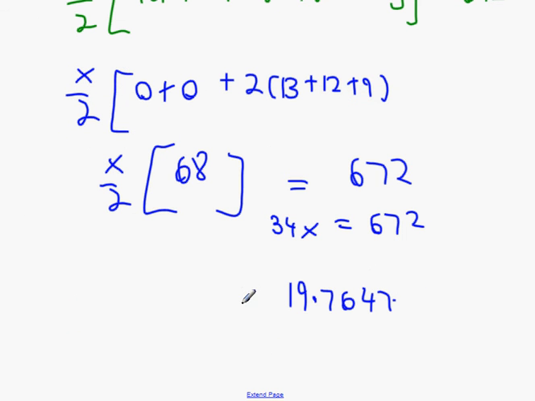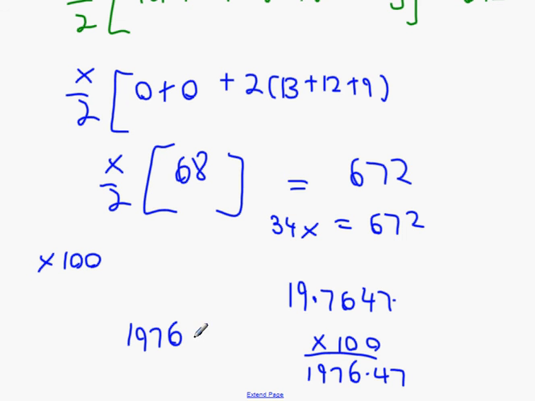Meters to centimeters is multiplied by 100. So multiply this by 100, and we get 1,976.47. 47 rounds down to 1,976 centimeters. That's your gap of measurement, right?